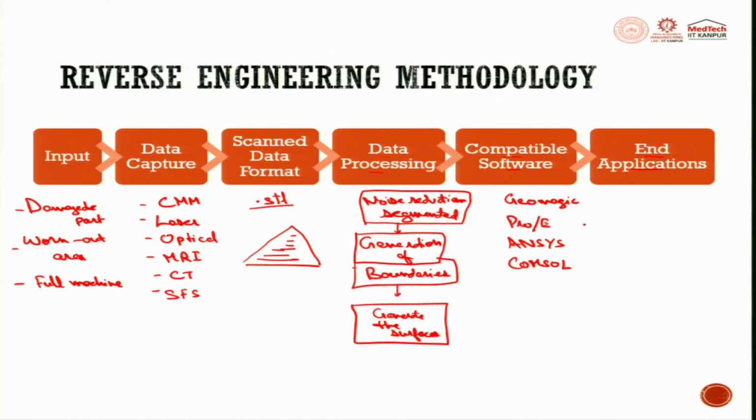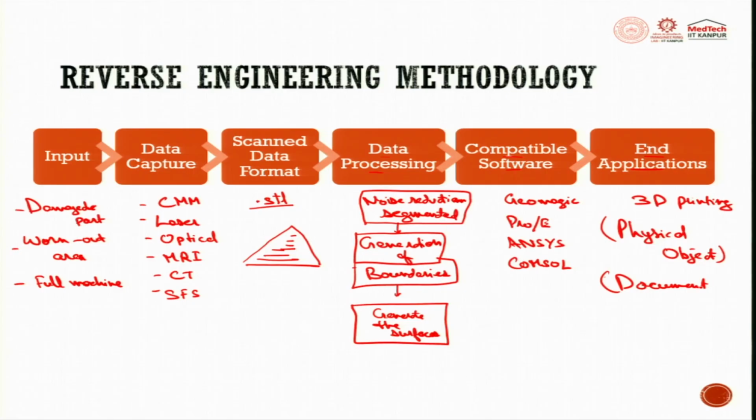Then we have the end applications. End applications, in this case, we have a CAD system, and we have the CAM system, or we have the computer aided engineering system. So, we have our 3D printing, right. So, we have the physical object here. It could be a physical object, it could be the documents.